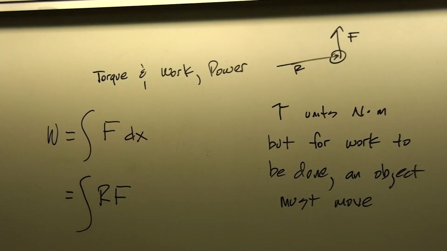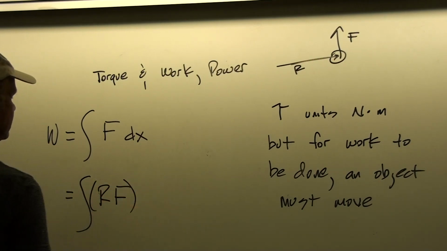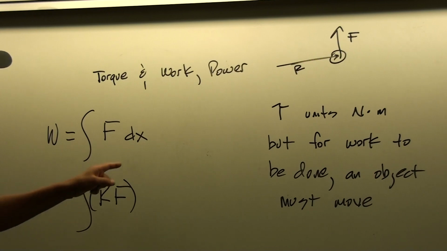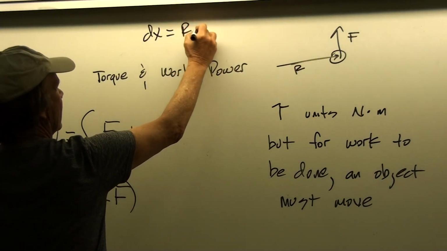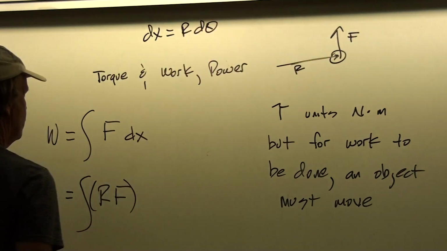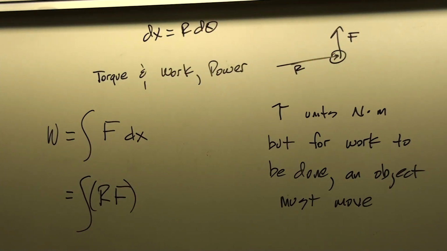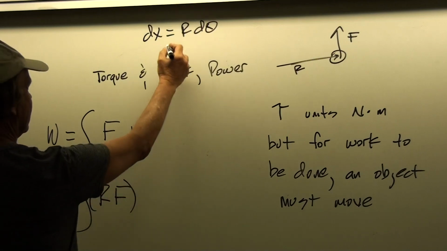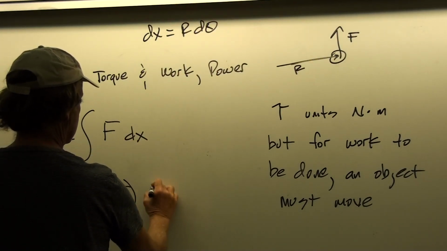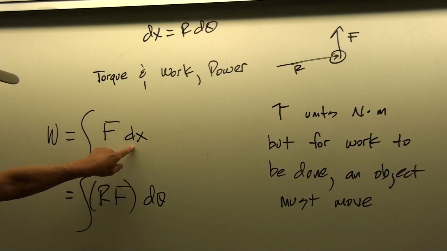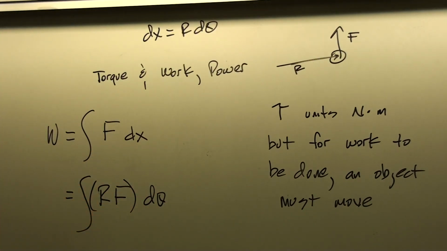And then that's our torque. And so if we're going to do that, then the dx is equal to r d theta. And so we could then say that since dx is r d theta here, then all that's left of the dx is the d theta part.